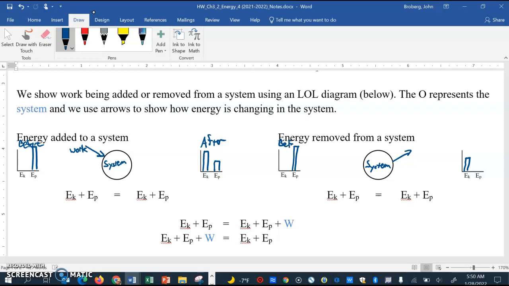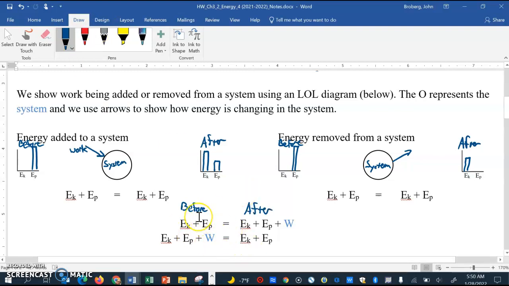These equations are set up where we have before and after on one side, or before on one side, after on the other side. But one of these equations represents work being added to the system. One represents work being removed from the system.